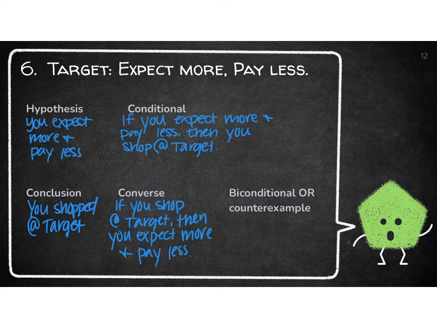So if we think about this, we want to think, are we going to have a biconditional or have a counterexample? In this case, we are going to have a counterexample if we can come up with any time where we got a better deal at somewhere other than at Target. Maybe at the gas station, maybe at Walmart, maybe at another store, you got a better deal. That would mean that we wouldn't have a biconditional here, and we would have to write a counterexample.